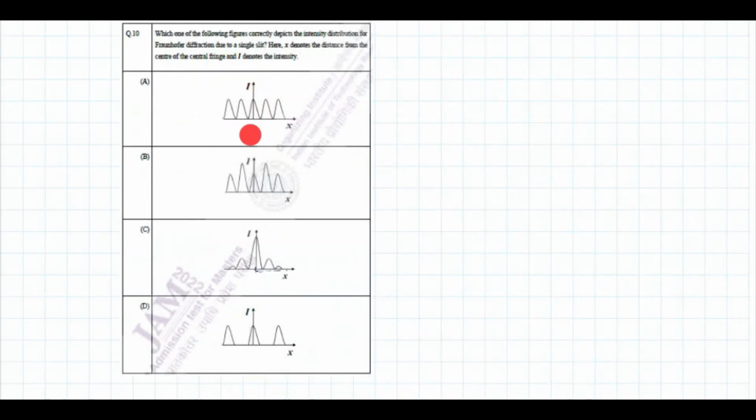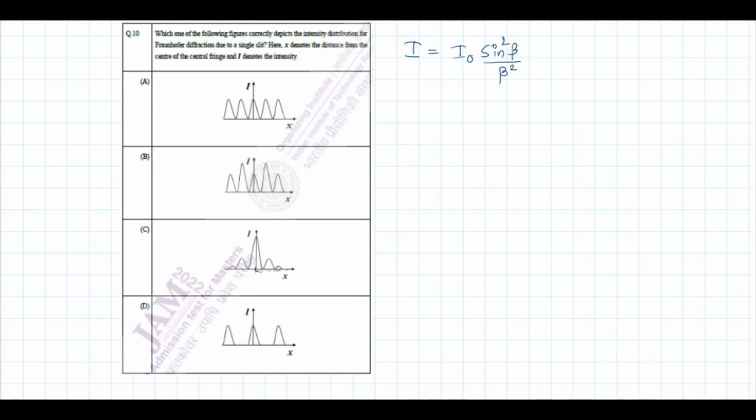This is regarding the intensity distribution of the diffraction pattern from a single slit. Which one of the following figures correctly depicts the intensity distribution for Fraunhofer diffraction due to a single slit? Here x denotes the distance from the center of the central fringe and I denotes the intensity. So we all know the intensity I is equal to I0 sine square beta divided by beta square.